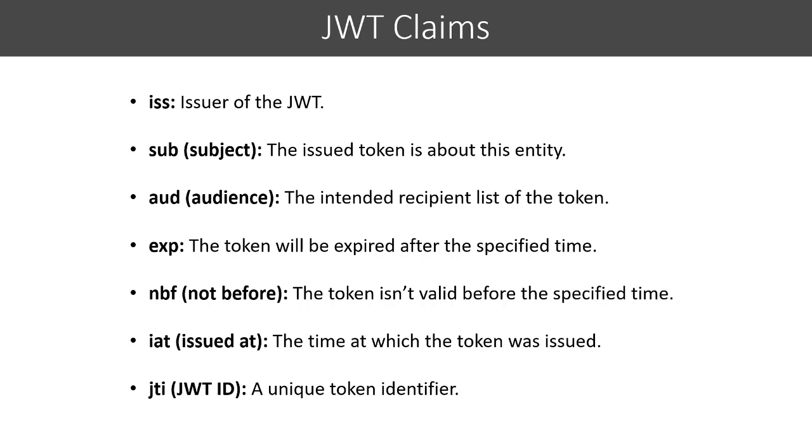The IAT claim identifies the time the JWT was issued at. The next claim is JTI. JTI is a unique token identifier. We can call it a JWT identifier. You can see these are very short names given to these claims. This is for the purpose of reducing our payload size when we transfer this over HTTP.